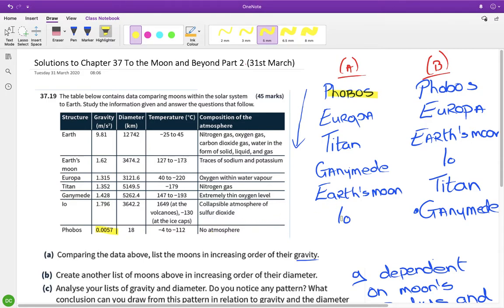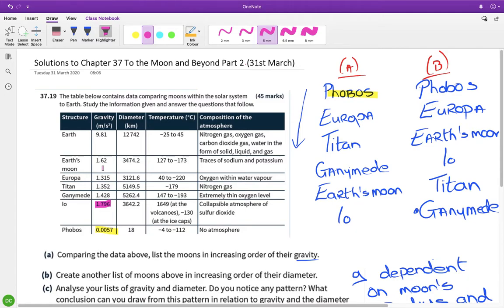The highest, so Io was the highest, right, 1.796, so that's very comparable to the Earth's moon. So if you were to stand on that planet, you would require similar equipment to what is required to stand on the moon.